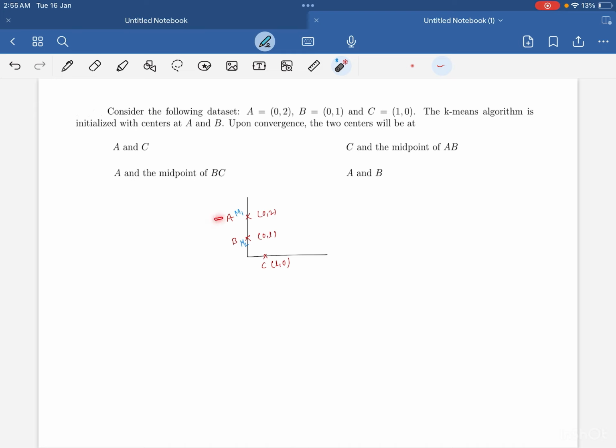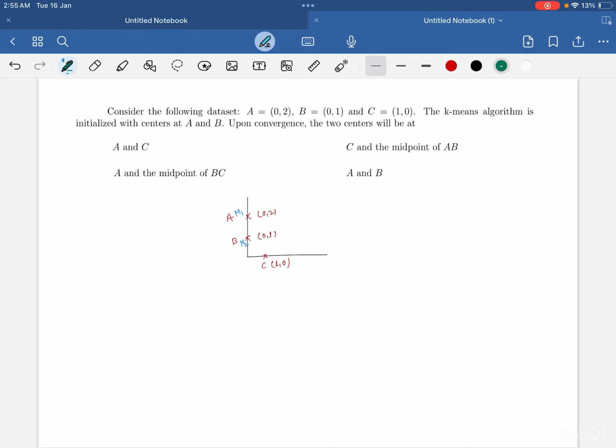Let's look at A first. Mu 1 is itself on A, and mu 2 is far from A, so A will be in the cluster of mu 1. That is one point.